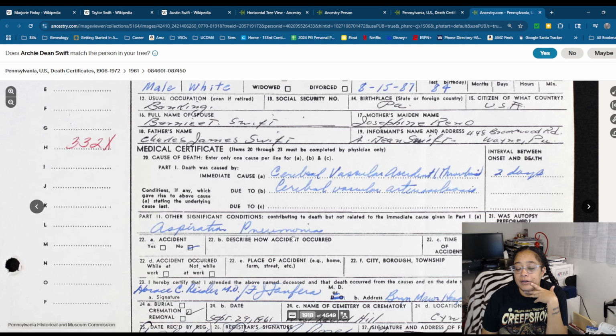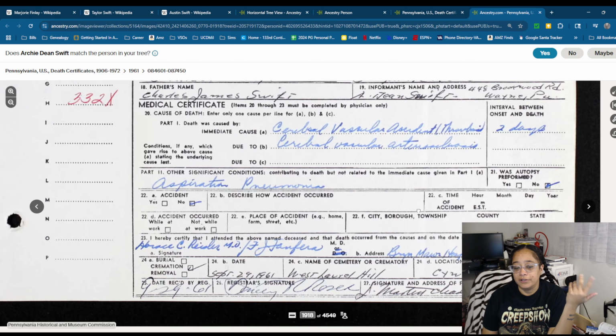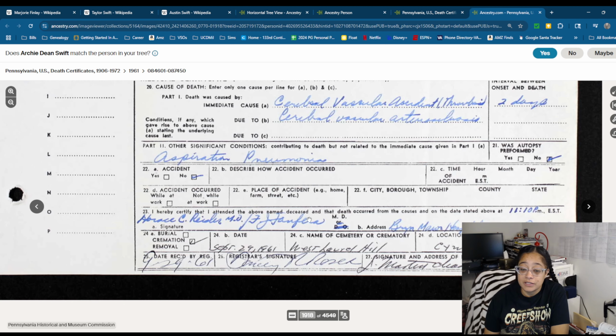So unfortunately, and then they had aspirating pneumonia, also leading up to that. Then you get who certified that they were deceased and the time, burial information, if there was a funeral director, and then the state registration. So when the state actually received this information that the person was deceased.